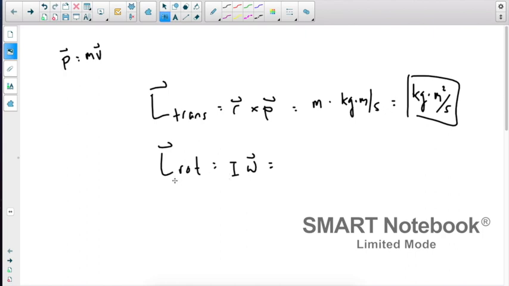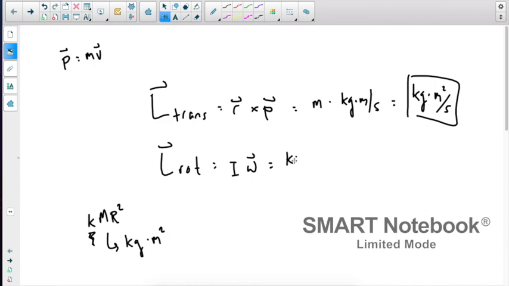Let's see if rotational angular momentum gets us the same unit. You know that this I value always ends up being some k value that's equal to 1 or less times mass times a radius squared. And so the unit of that is going to be, k is unitless, mass is kilograms, and we know that radius squared is meters squared, right?